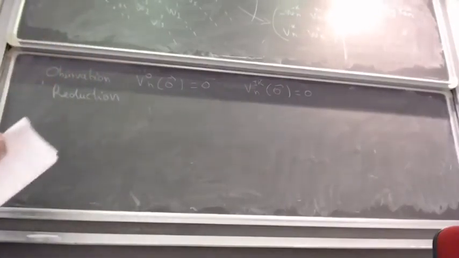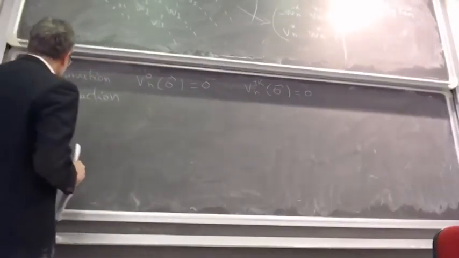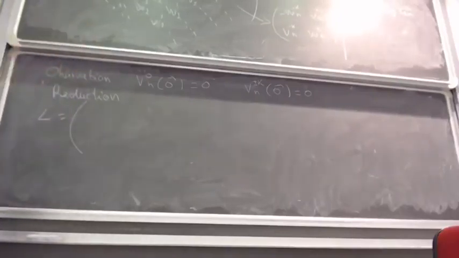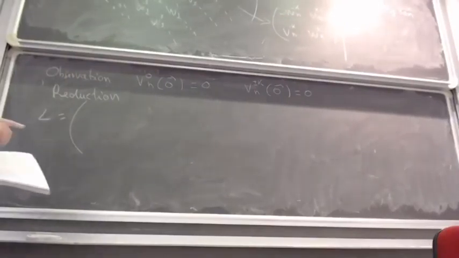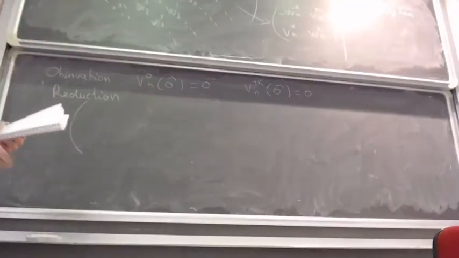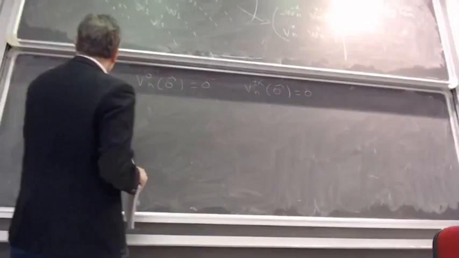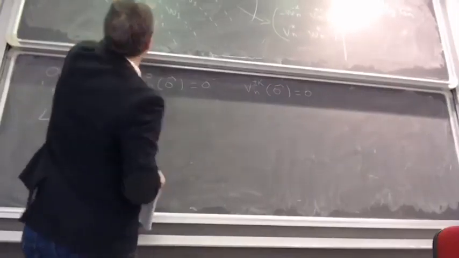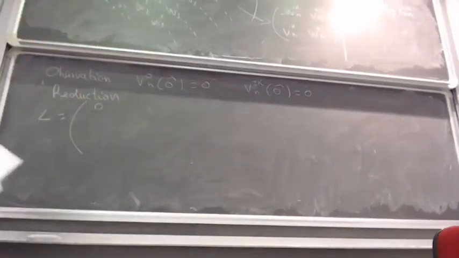So the particular reduction where the matrix L preserves the structure of the initial condition. What we can tell about the initial condition is that on the diagonal, all the V's are 0.